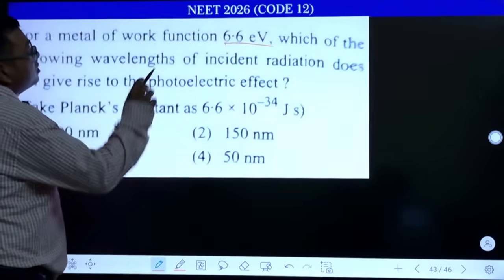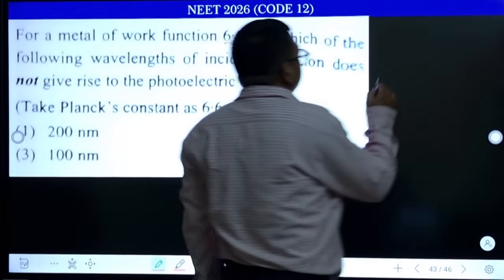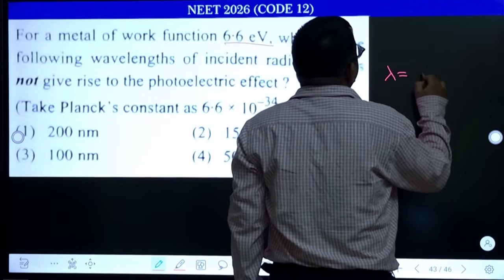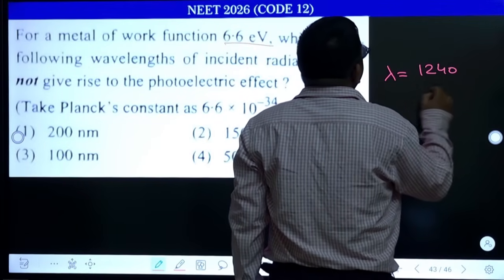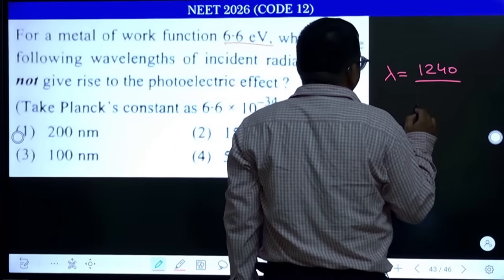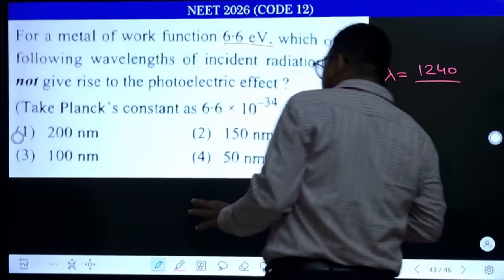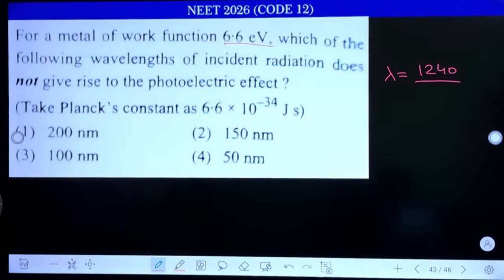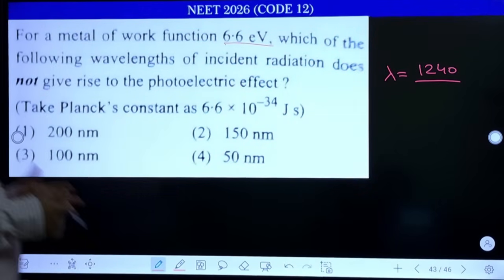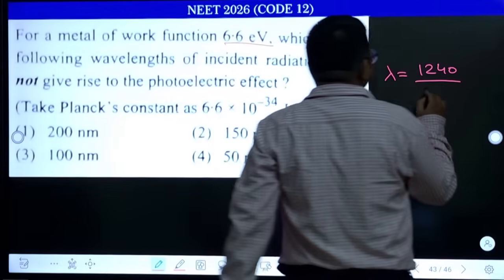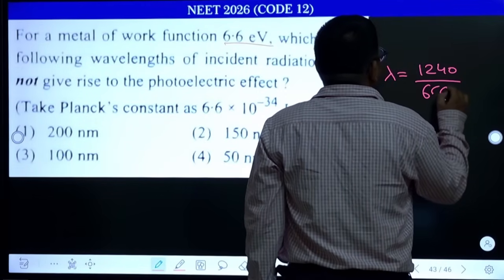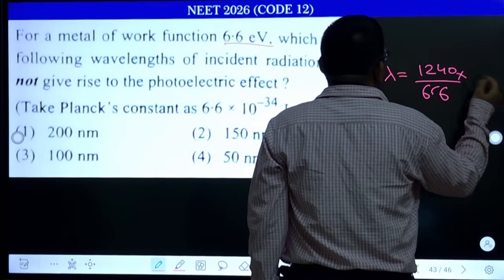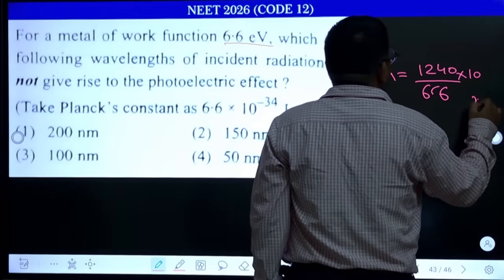Convert to the threshold wavelength. So lambda is equal to 1240 by the energy in electron volt, because that is how you calculate this energy: 1240 by lambda. So this will be in nanometers, right?